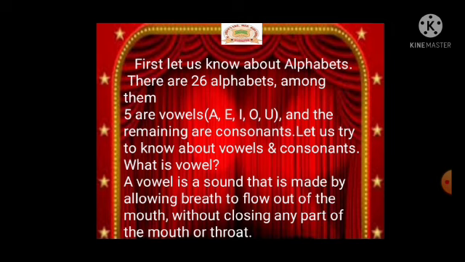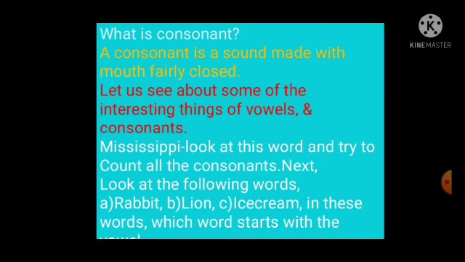This is already there in the first video. Next, what is a consonant? A consonant is a sound made with the mouth fairly closed. It means that the vowel which comes out of our mouth through the throat, in the pronouncing of those vowels, no part of our mouth will touch any other part of the mouth.